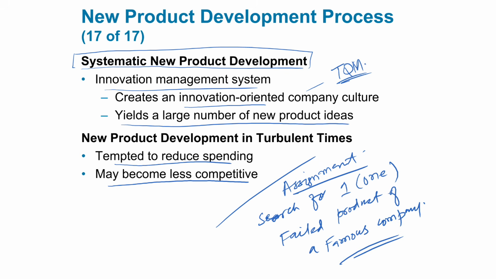It's a very simple assignment. Do a little research and find one failed product of a famous company. Tell me the name of the company and the name of the product. You can share the link of the product, or better, take a screenshot and share the screenshot of that product. With that, we come to the end of our session.